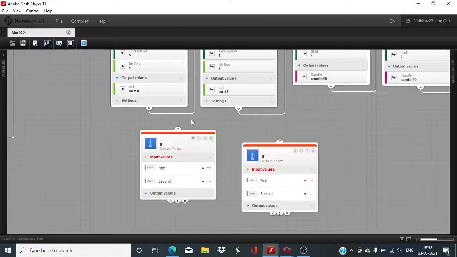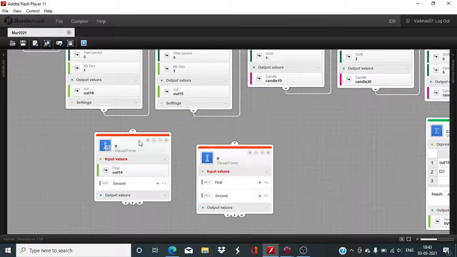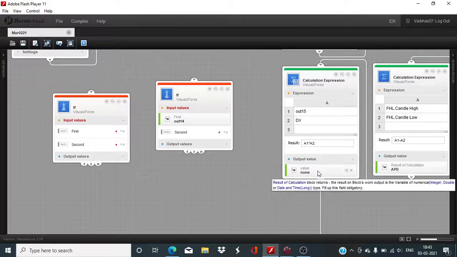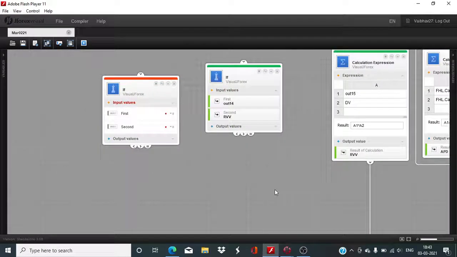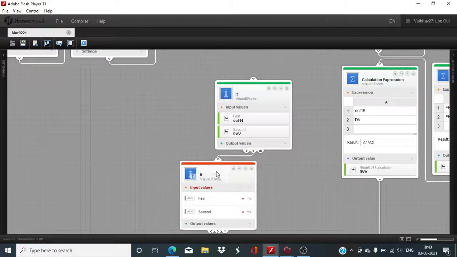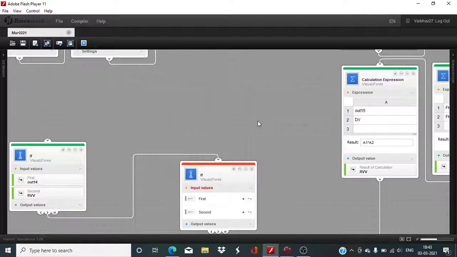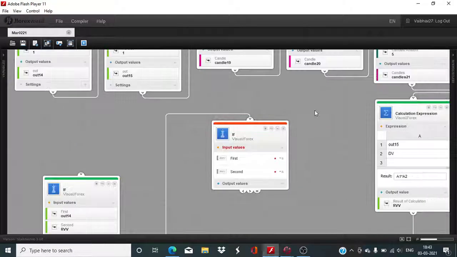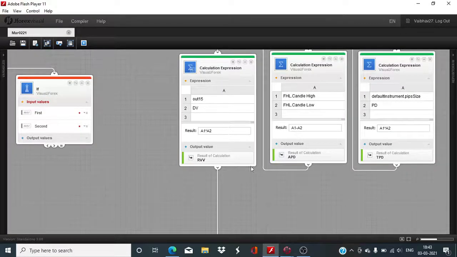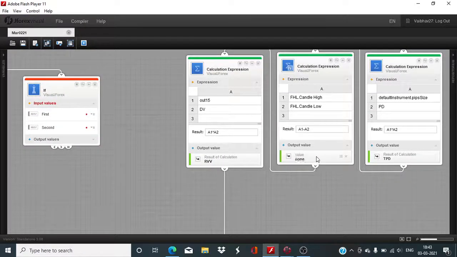and for that we need out 14 to be compared with the RVV, and it needs to be greater. First input greater than second input. Okay. Then we want enough volatility to be there.